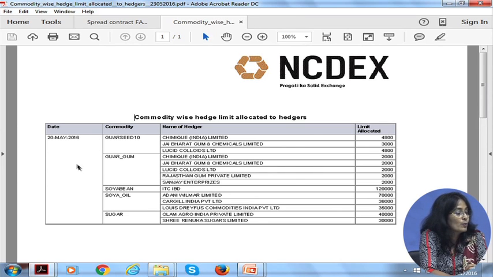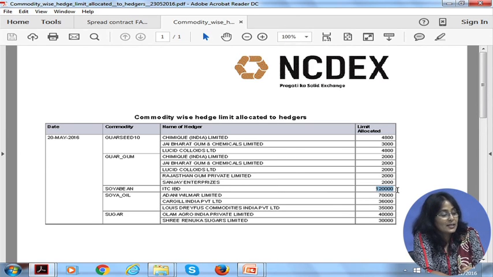This is a report which was published on 20th May 2016. If you can see, for soybean, they have allowed 120,000 tons of open positions to be taken by ITC at a given point of time.